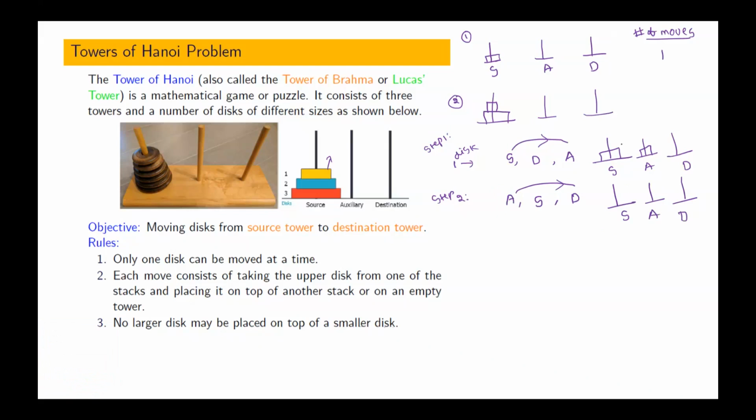This is the smallest one, this is the larger one. The diagram is correct, but whatever we have written is wrong.